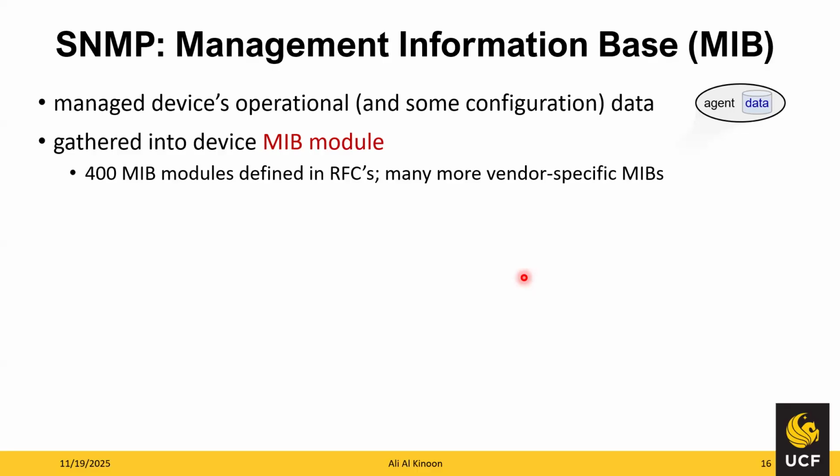All this data is organized in what we call the MIB, and every device might support multiple modules depending on the features. There are hundreds of modules and many vendor-specific MIBs, and there are actually 400 modules defined in the RFCs.